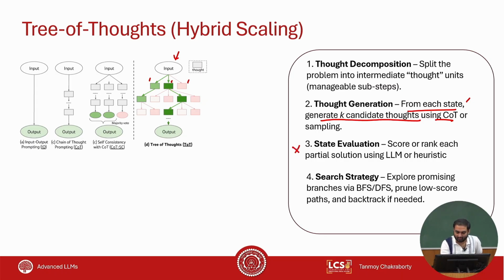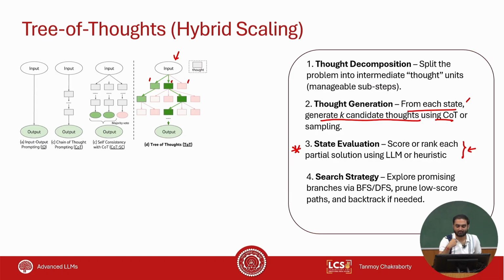Now the interesting part is the state evaluation. This is a bit tricky, and this is also not very clear in the paper. So what they said is that after every state, let's say in a branch there are 3 states that you already generated, you determine whether that branch would lead to the correct answer or not.